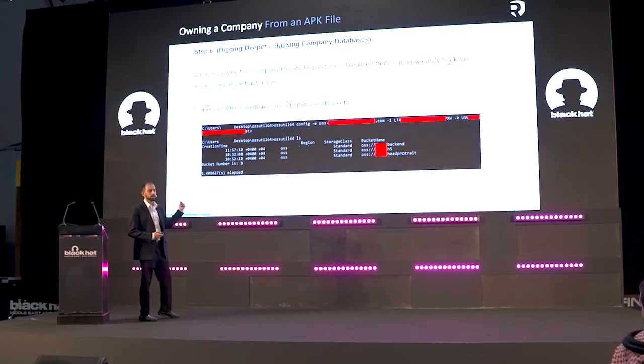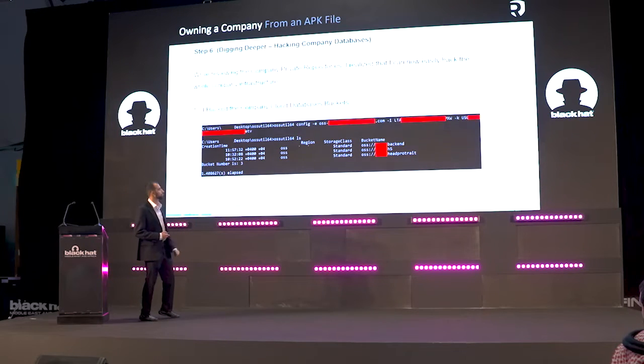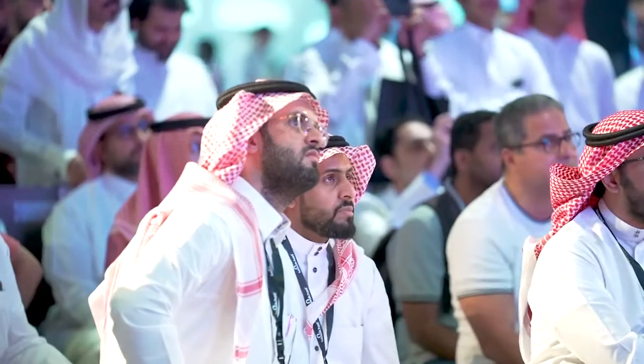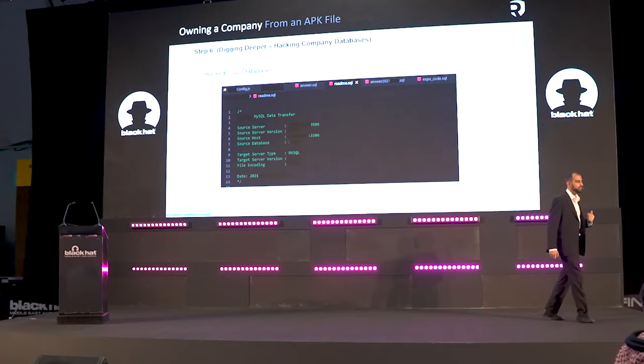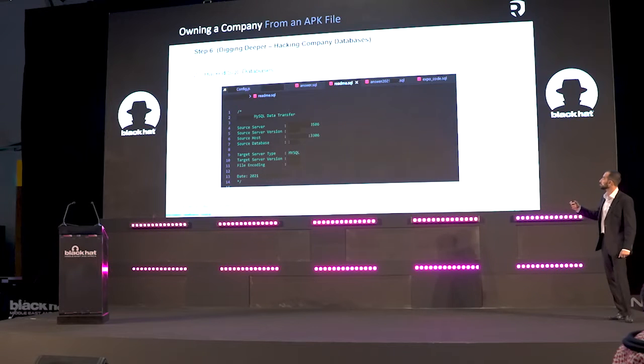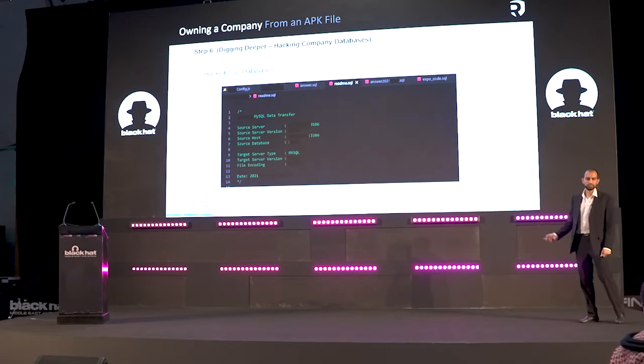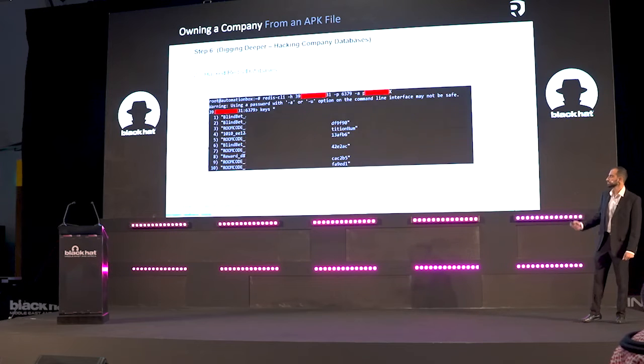So first thing, we have the cloud service buckets. Also, we got access to the MySQL databases. In the source code, we can see readme.sql, answer.sql, answer 2021, because I worked on this project last year in 2021. Export code, almost everything.